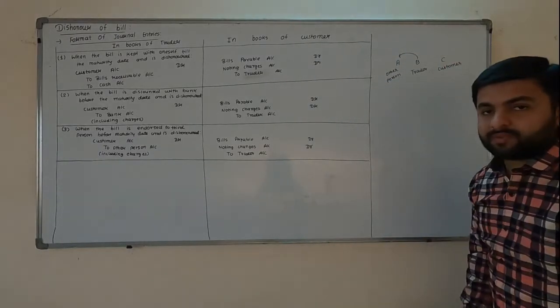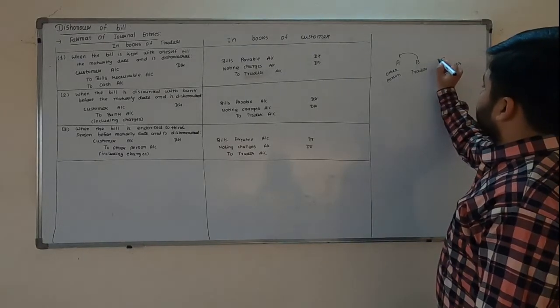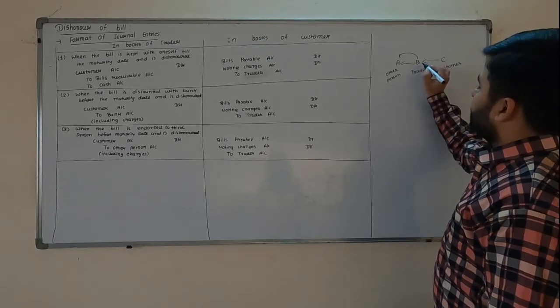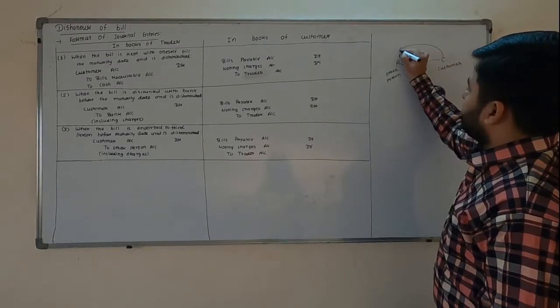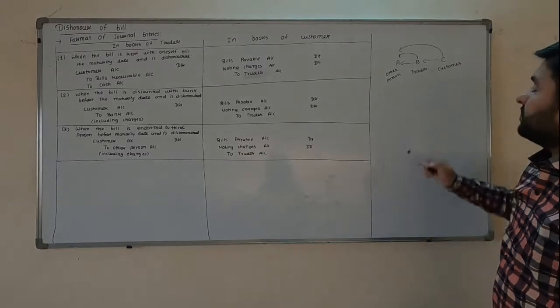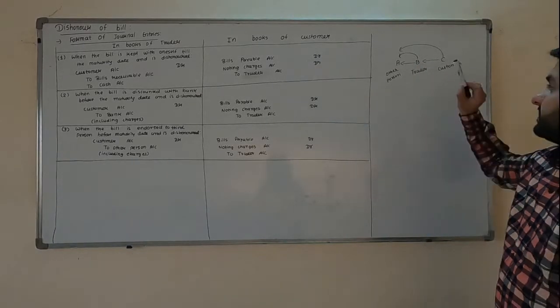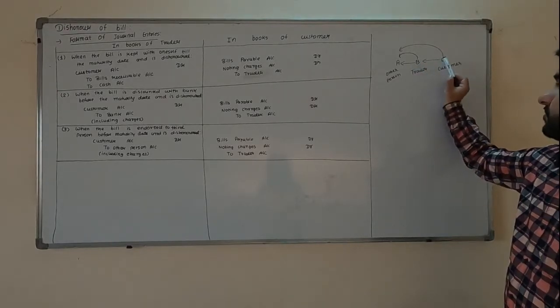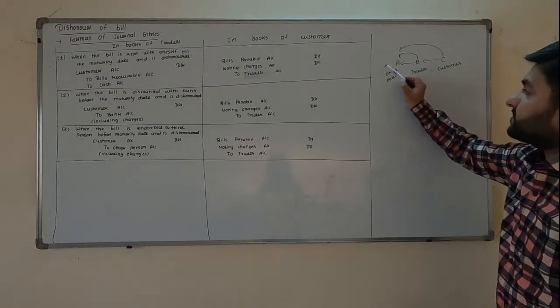Now what is the normal case? B has to receive from C and B has to pay to A. I explained this thing before also, that B is the trader, C is the customer, B has to receive from C. So C has to pay to B, B has to pay to A.